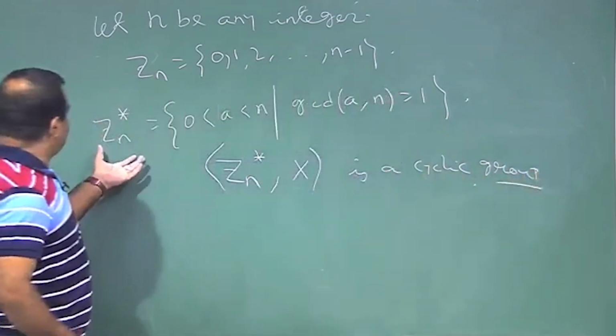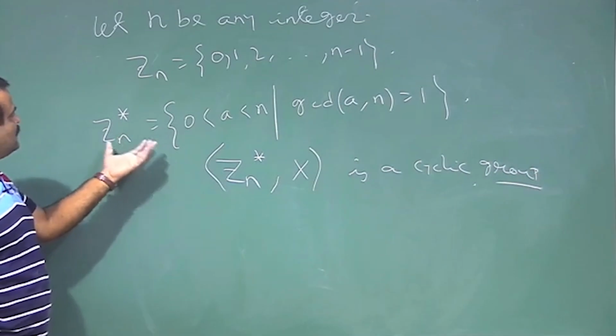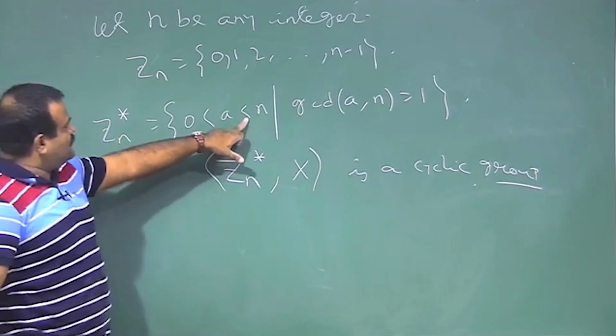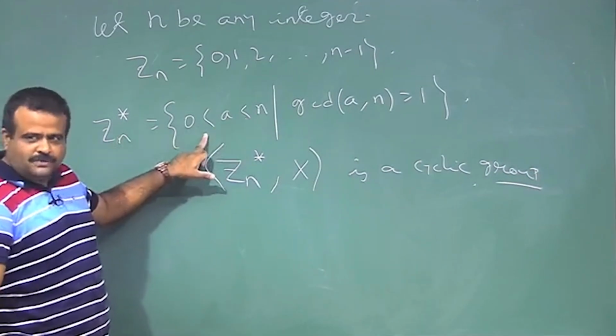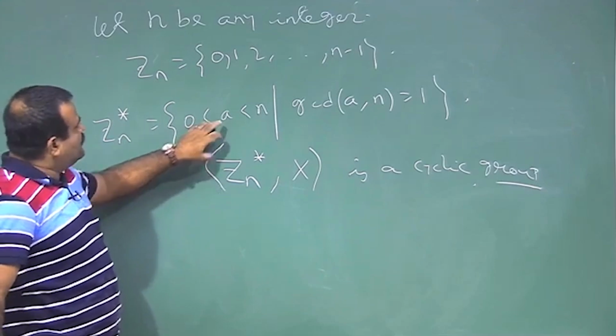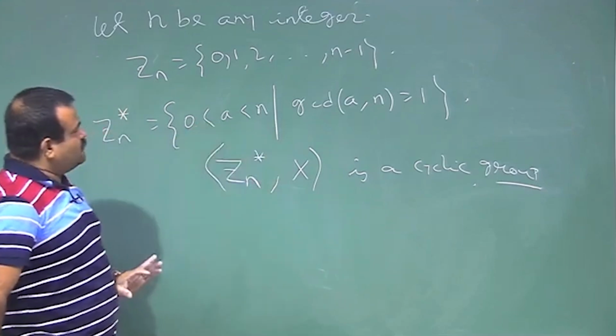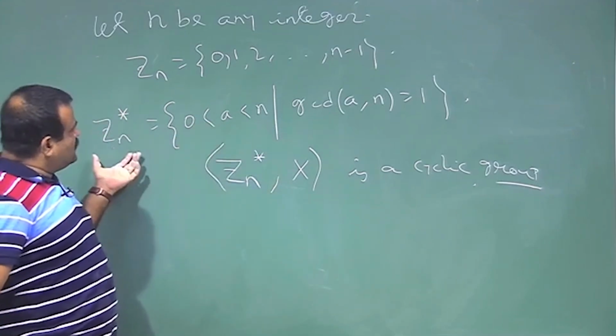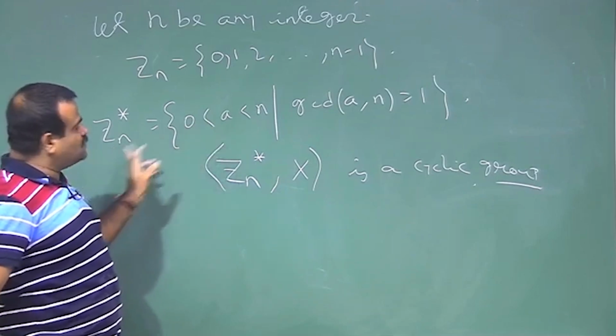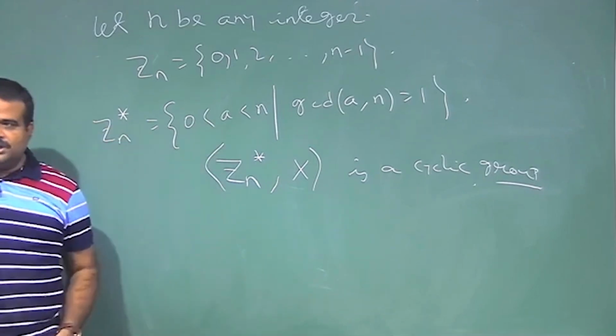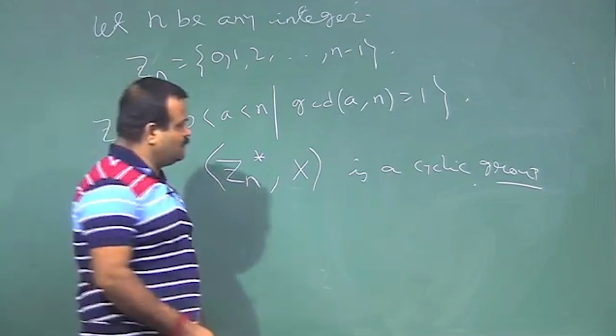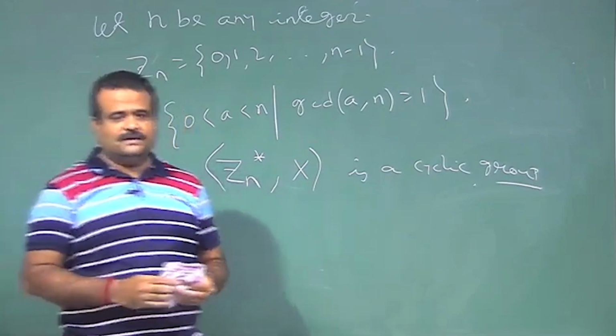So, this is how we define Zn star: the set of all positive non-zero integers less than n which are relatively prime with n. For each such a, the inverse will exist. So, it will form a multiplicative group, and this is a cyclic group.